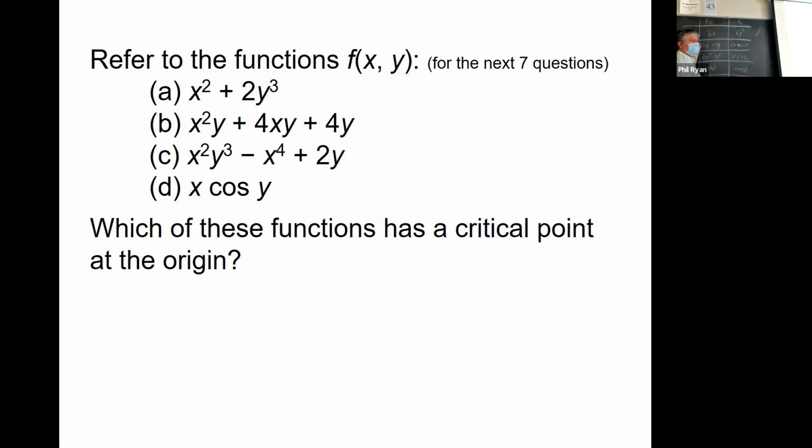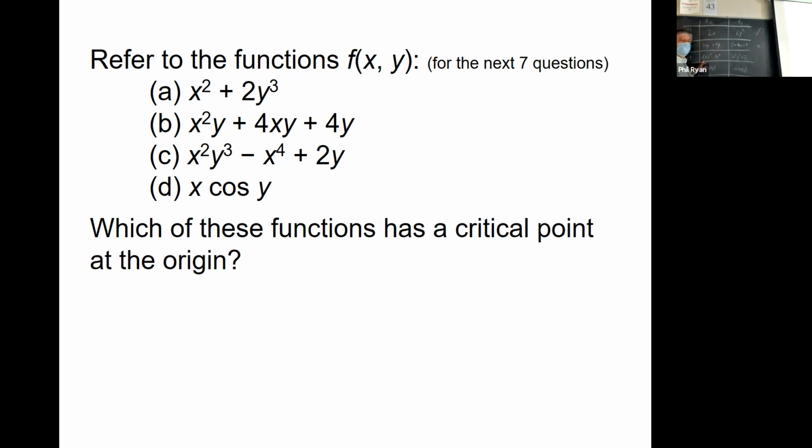What about this guy? No, right? I get 0 here, but I get 4 here. So it's telling me in the y direction, it's increasing. And if I go in the negative y direction, it'll be decreasing. So it can't be a max or a min.